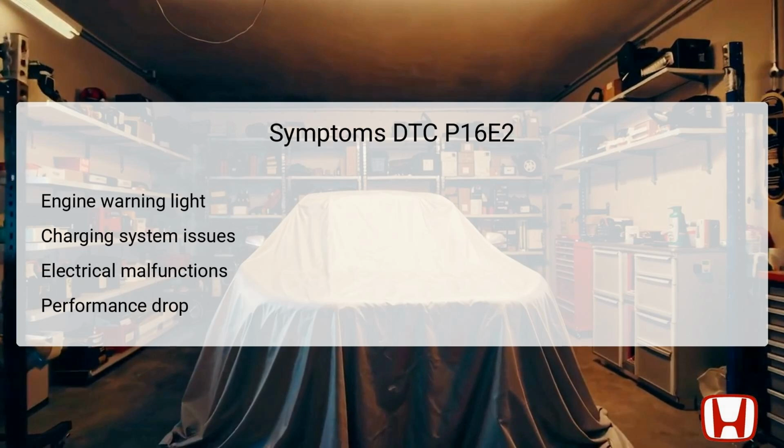Additionally, electrical malfunctions in various systems may arise due to the alternator's inability to generate adequate power. Performance drops, like decreased acceleration or responsiveness, may also be linked to this error code, making it crucial to address these symptoms to ensure vehicle reliability.